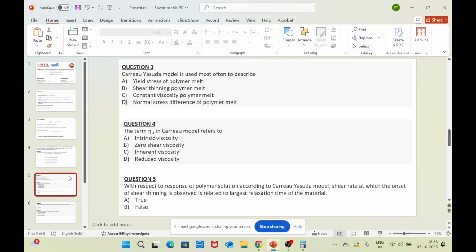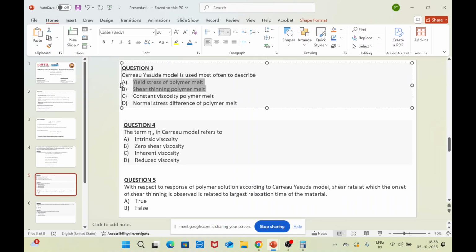Anyone? This is basically what is the use of the model. So it's used to describe the shear thinning of the polymer melt.